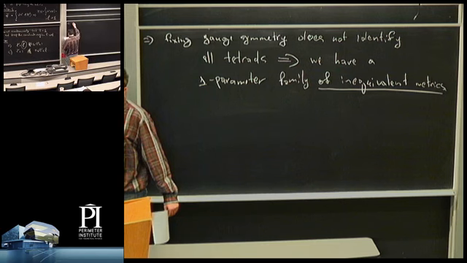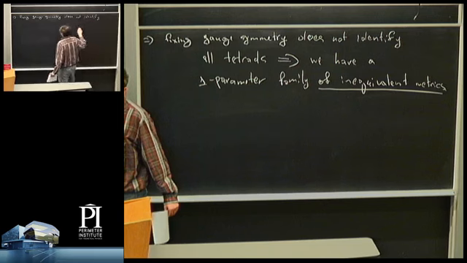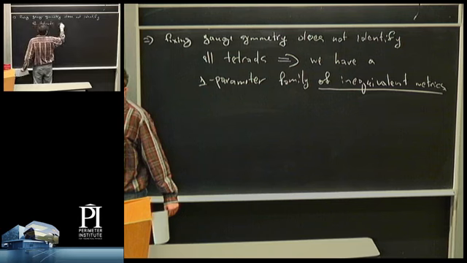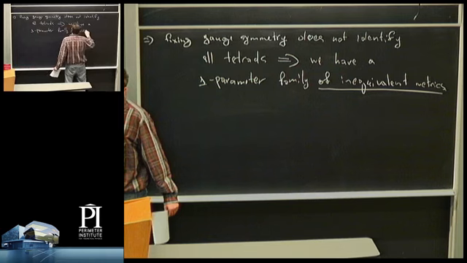So what we are finding is that fixing gauge symmetry does not identify all metrics. And what this implies is that we have a one parameter family of inequivalent metrics, okay?